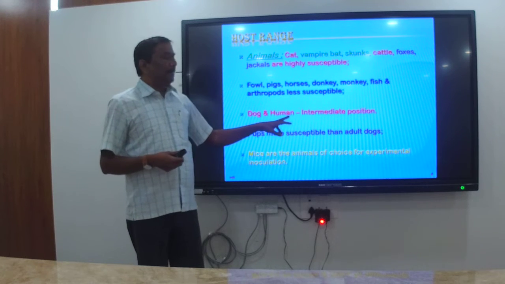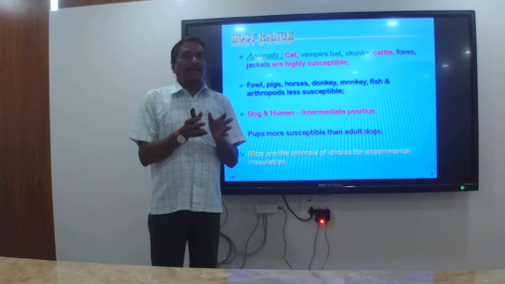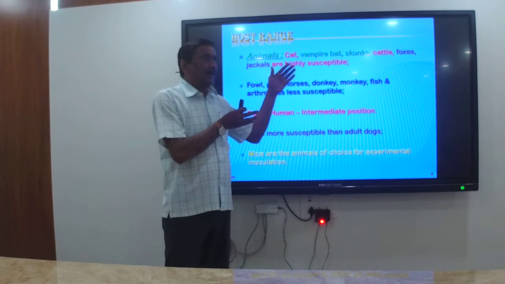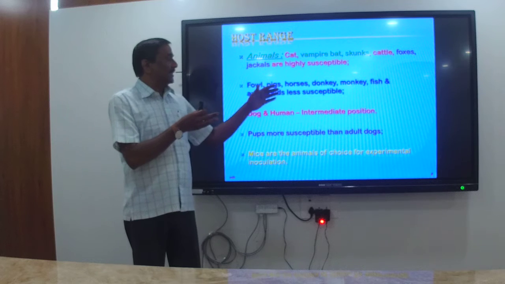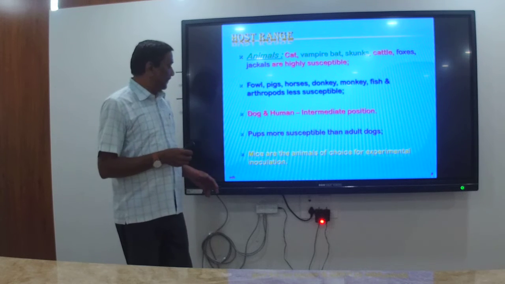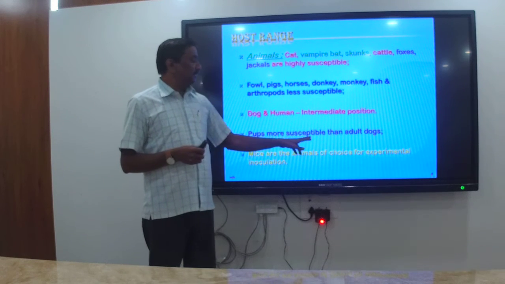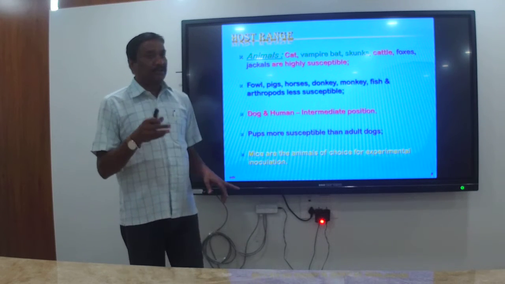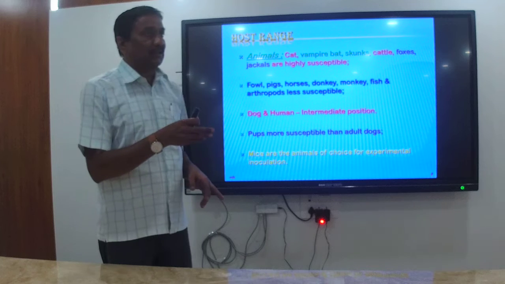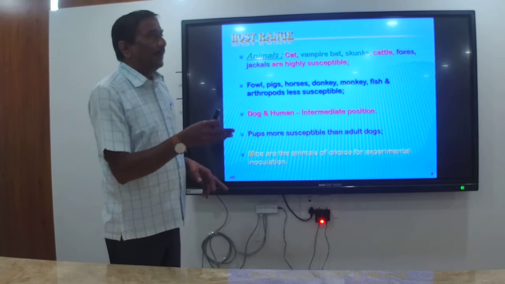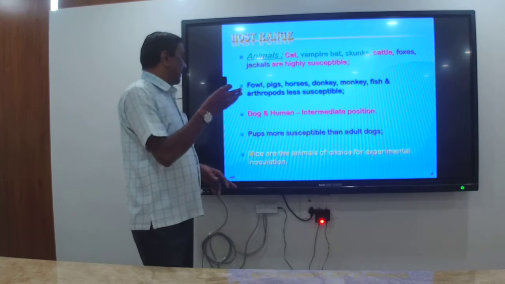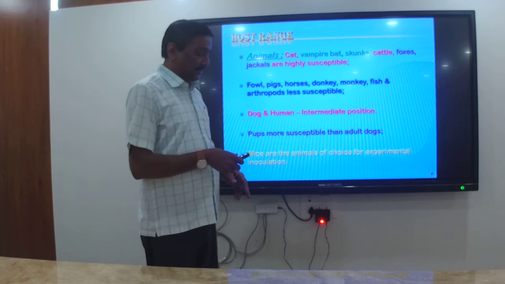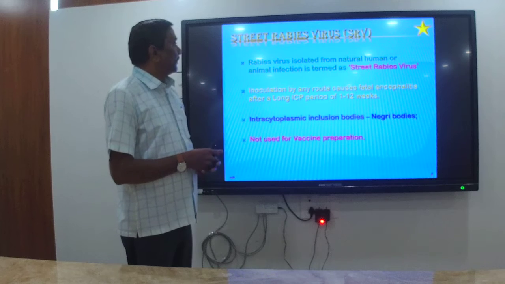Dogs and human beings occupy the intermediate zone between highly sensitive and less sensitive animals. Pups are more susceptible than adult dogs. Mice is said to be the most susceptible animal to this infection, and they are very commonly used for experimental inoculation for isolation of rabies virus.